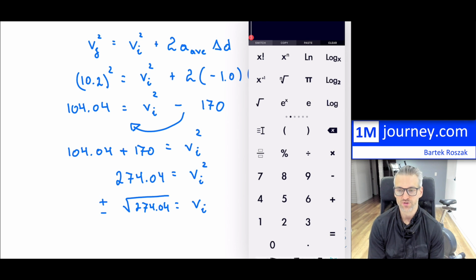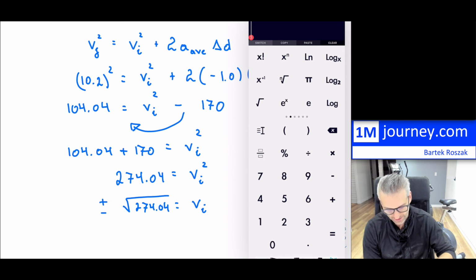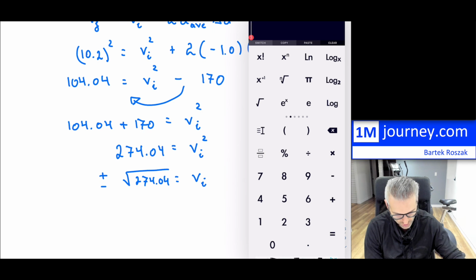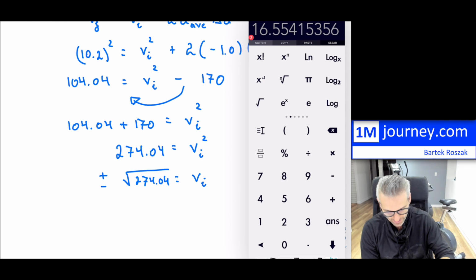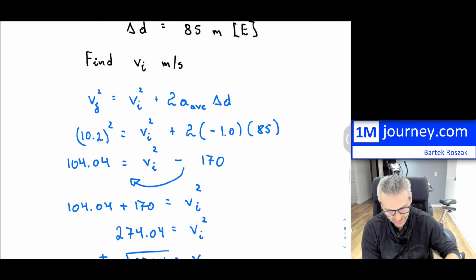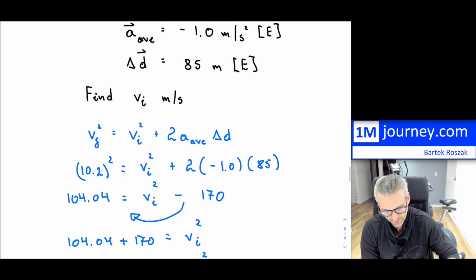We typically will take the positive answer in here. So the square root of 274.04 is plus or minus 16.554, etc.